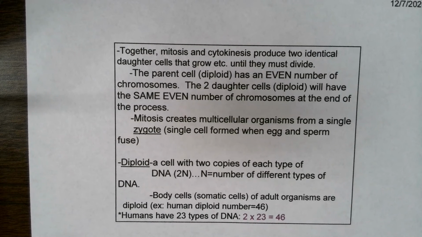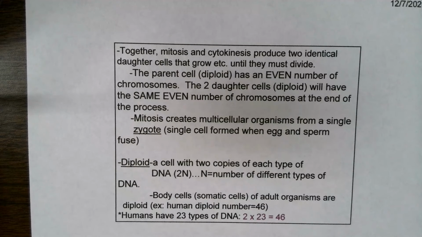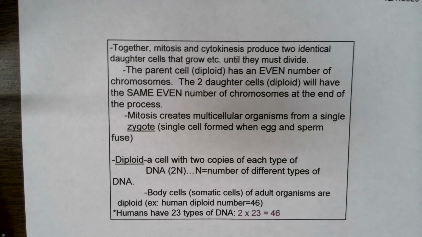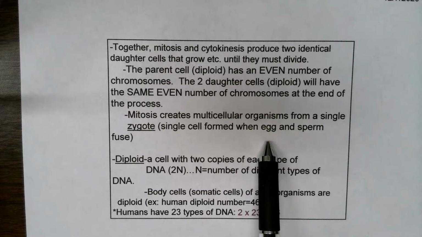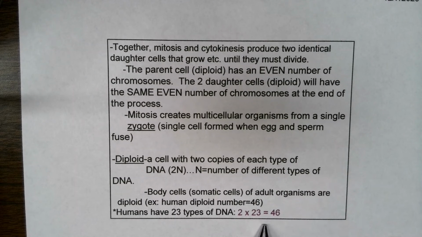But we've already talked about eggs and sperm a little bit at the very beginning of the year, as far as reproduction, just to introduce some basic characteristics of life. So when egg and sperm fuse, they make a single cell called a zygote. Each egg cell and each sperm cell has, and now we're looking down here, 23 chromosomes in it.